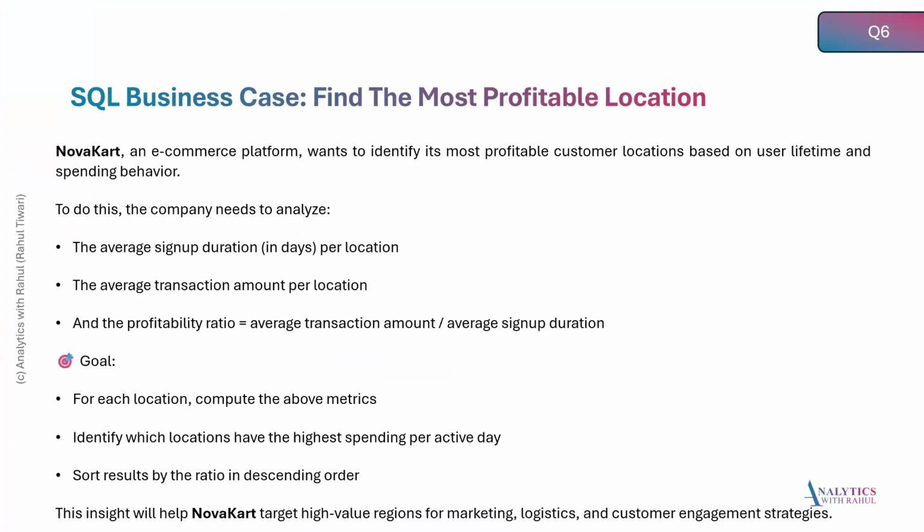If I go back to the problem, an e-commerce platform wants to identify its most profitable customer locations based on user lifetime and spending behavior. The company needs to analyze the average sign-up duration in days per location, which I will calculate now, the average transaction amount per location, and the profitability ratio, transaction amount upon sign-up duration. Very straightforward problem statement.